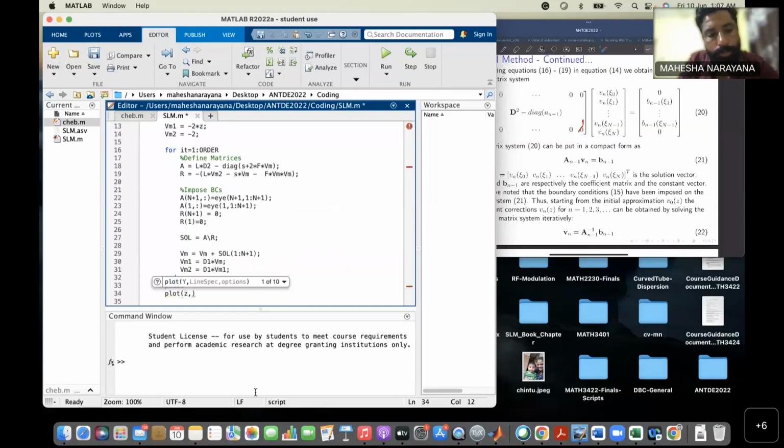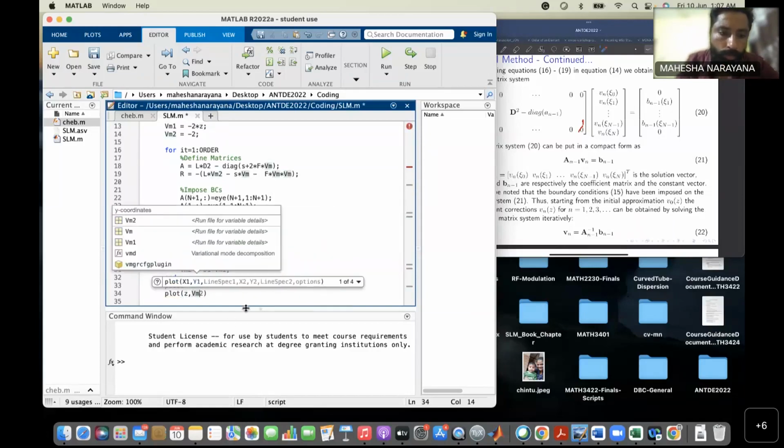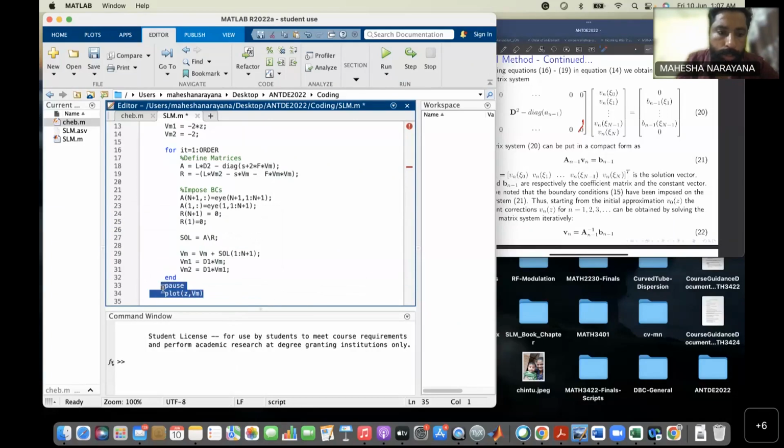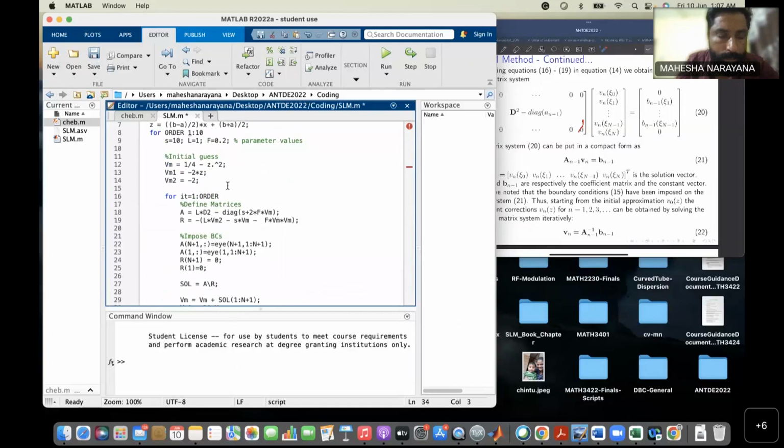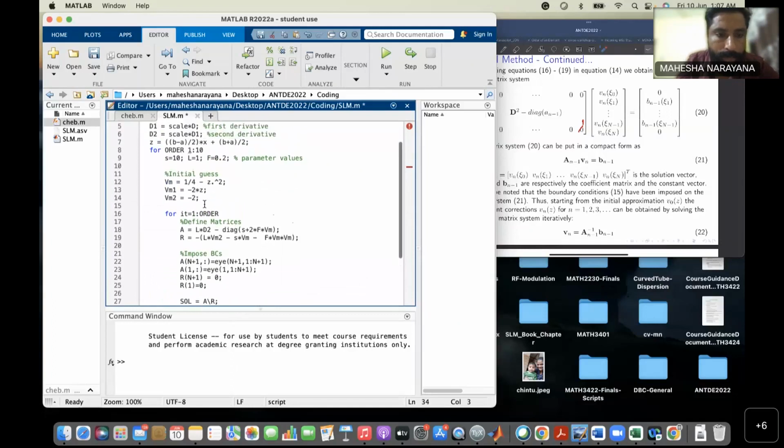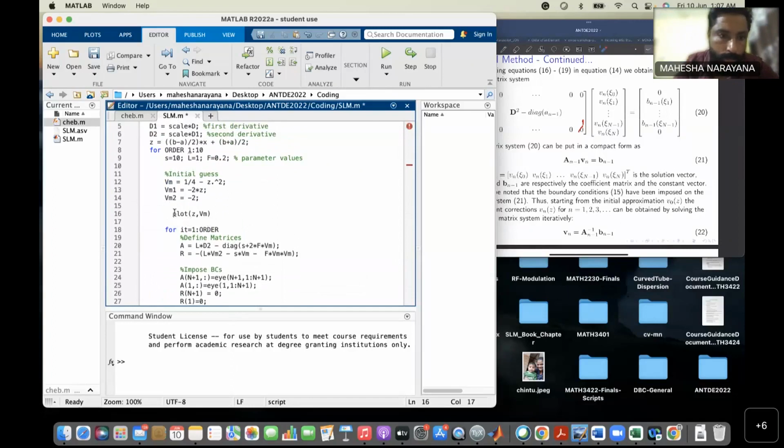So we will plot the initial solution also when it was defined. It was defined here outside of this inner loop. So I'll try to plot that here too, not there. Yeah, plot here, and we will hold on to that particular plot. On the same plot, we will try to plot the successive corrections that we made.